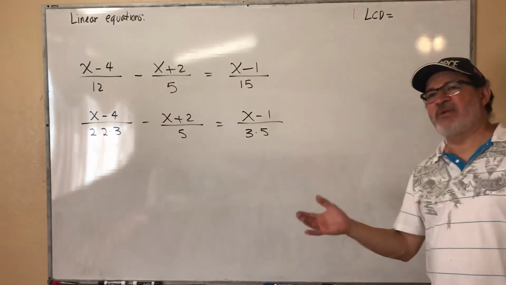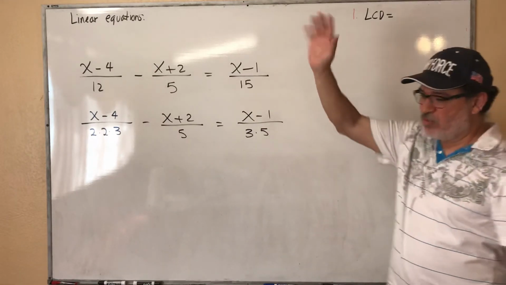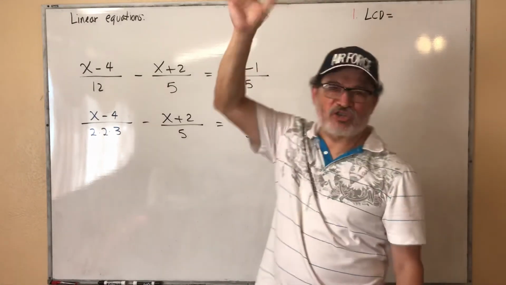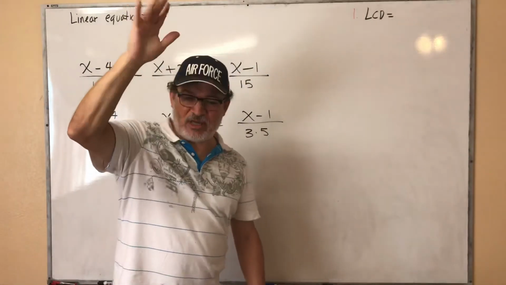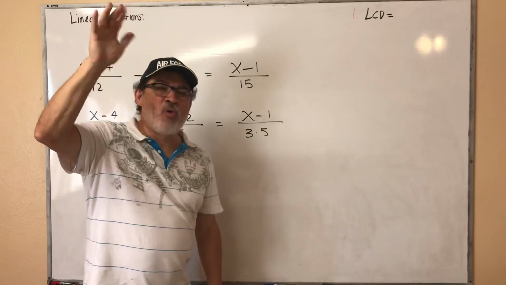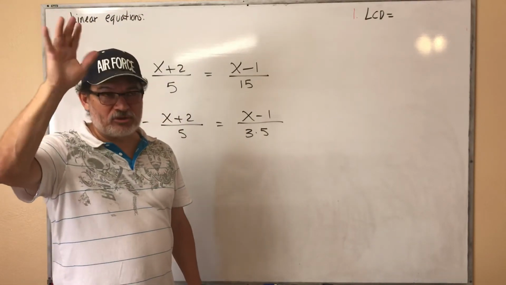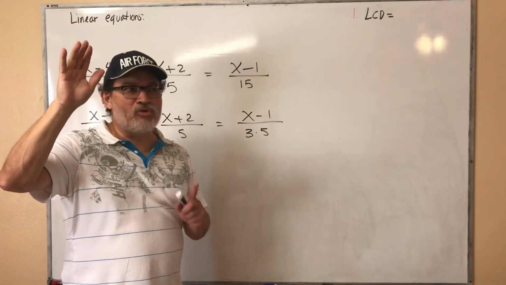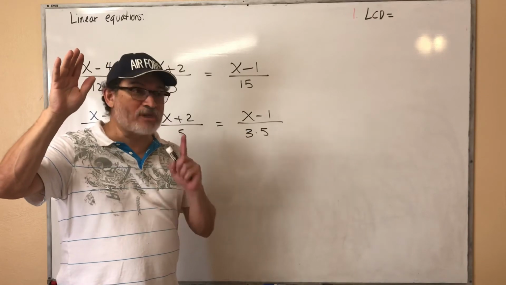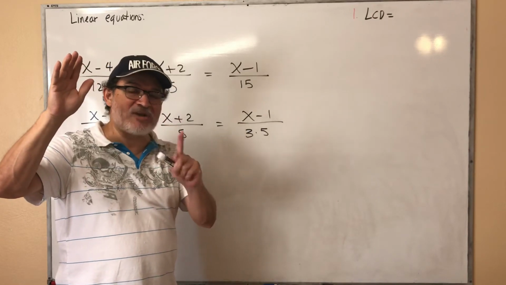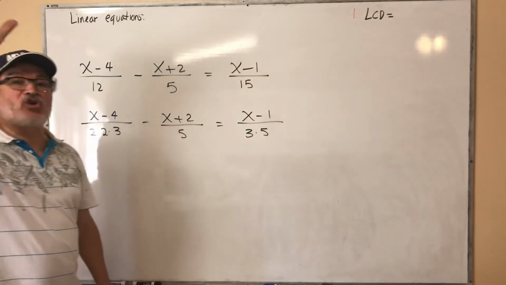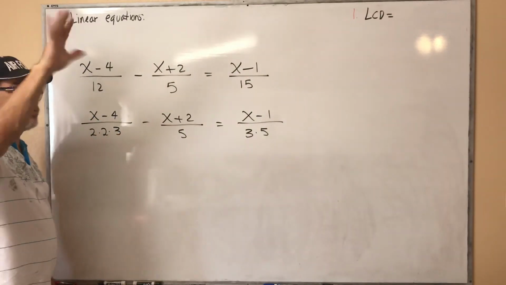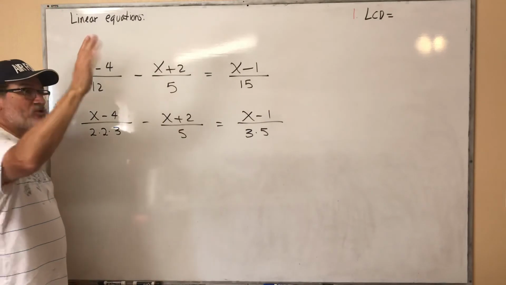Now the question is how many 2s? So with your hand waving, like you just don't care, go to the denominator where 2 occurs the most. You never go to more than one denominator. You always go to one denominator and that's it.